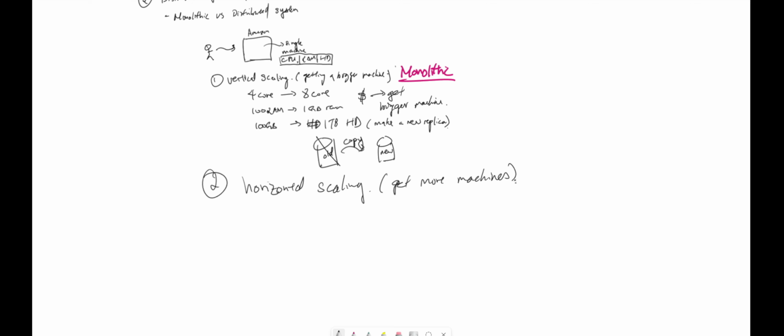Now let's take a look at what happens if we scale horizontally on a monolithic server, right? So say we have Amazon, single customer again, hitting our Amazon server, and this Amazon server still does request handling, compute, and storage, right?